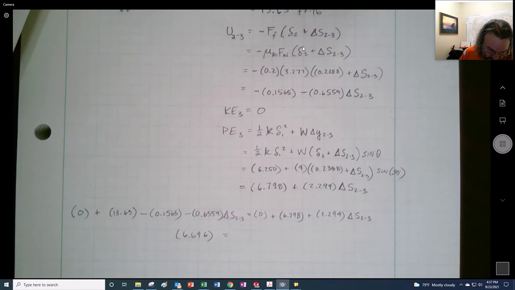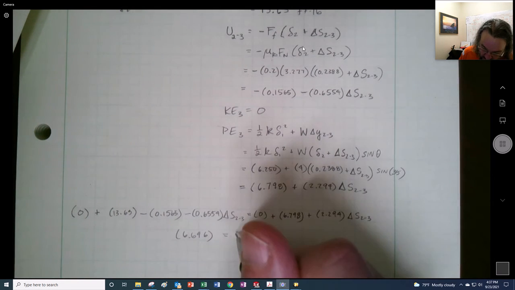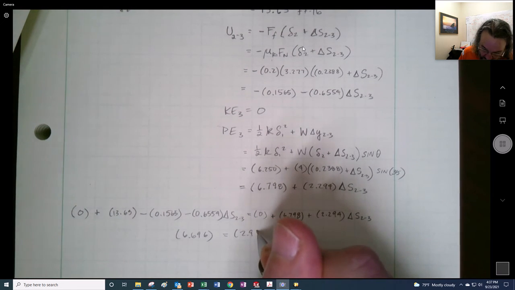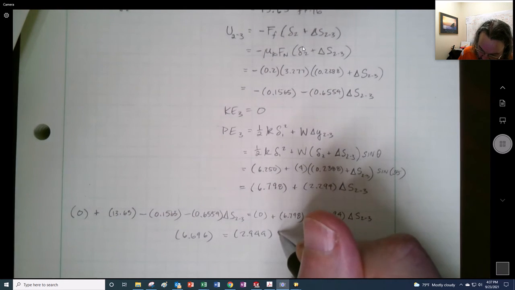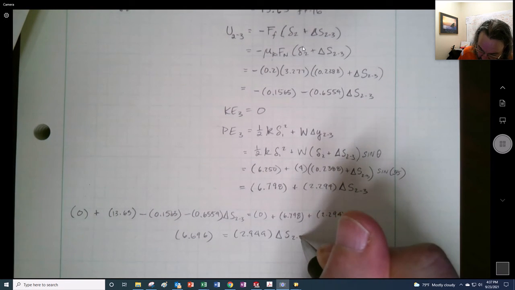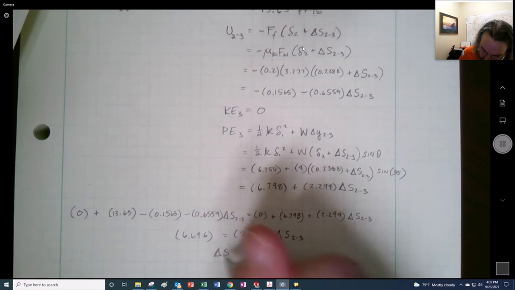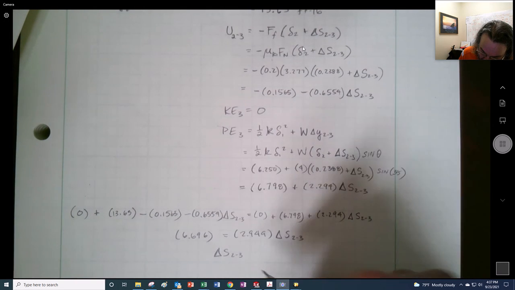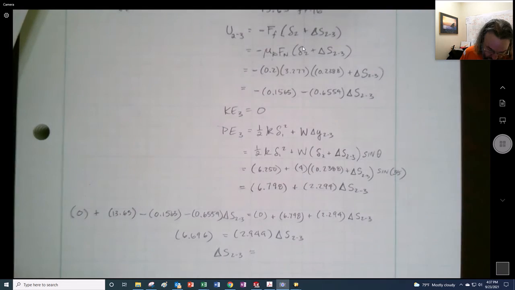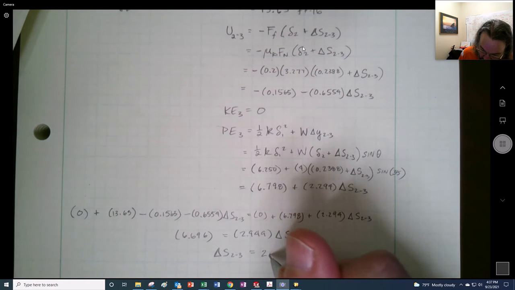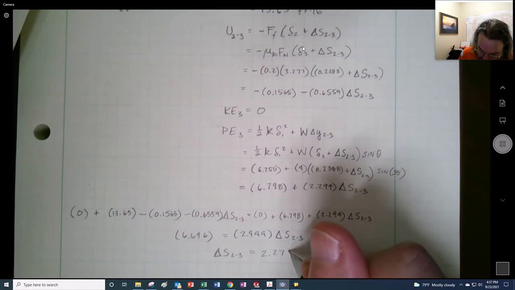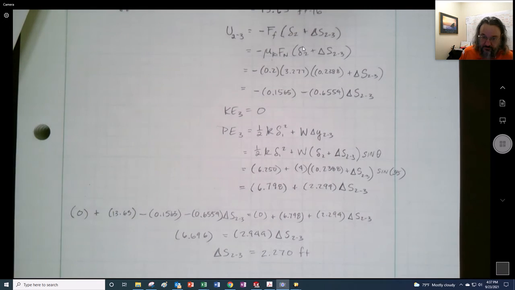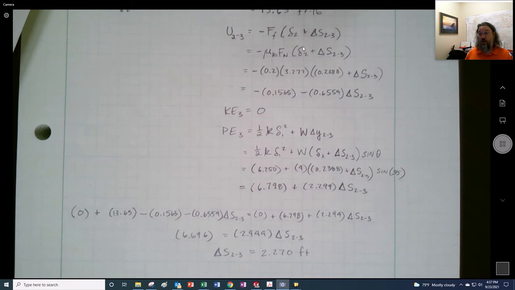So take 2.294 and add 0.6554, add them together. 2.949 delta S 2 to 3, and delta S 2 to 3 is going to be equal to, wait for it, 2.270 feet. There you go.